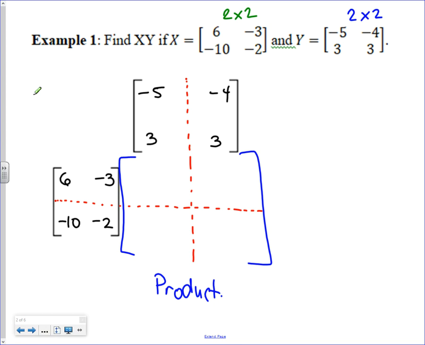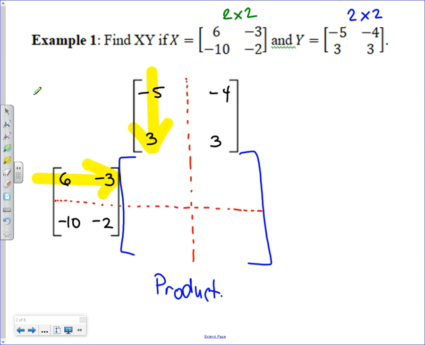All right, so here's how you multiply matrices. You take the first row of your first matrix, and you multiply it by the first column of your second matrix. So here's what I'm going to do.